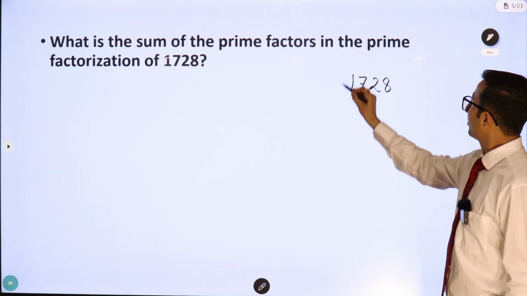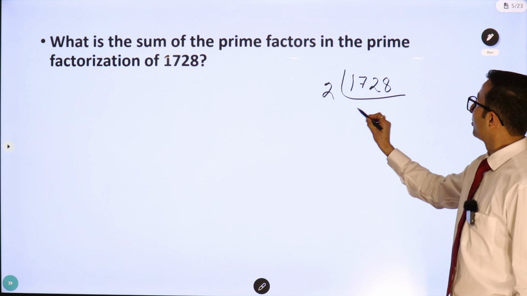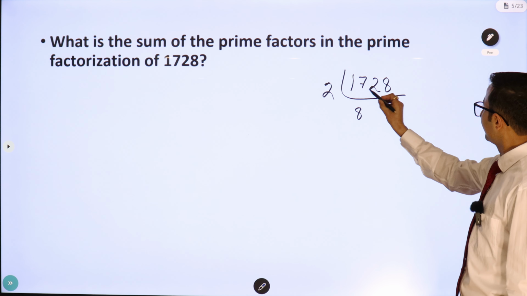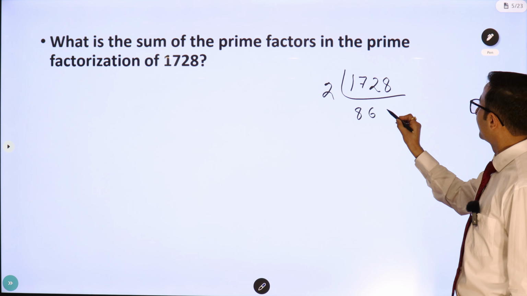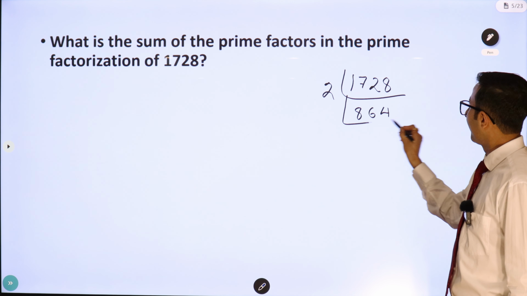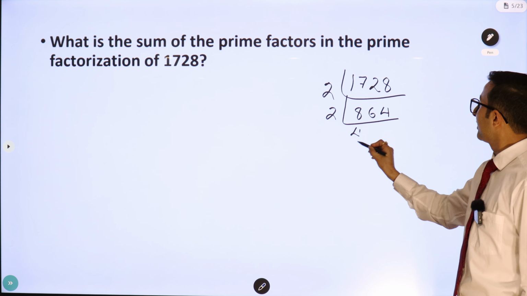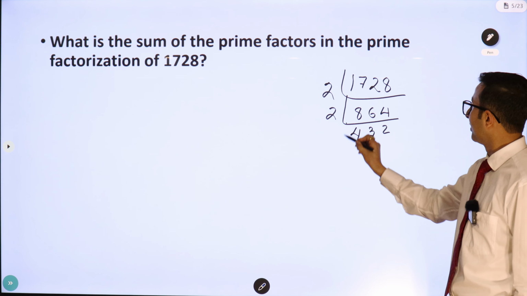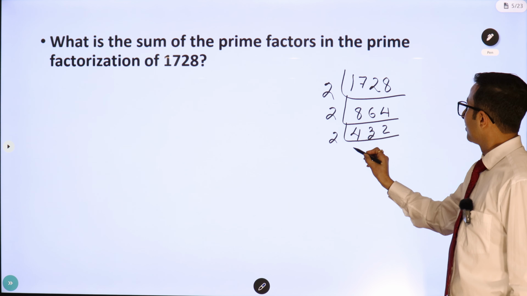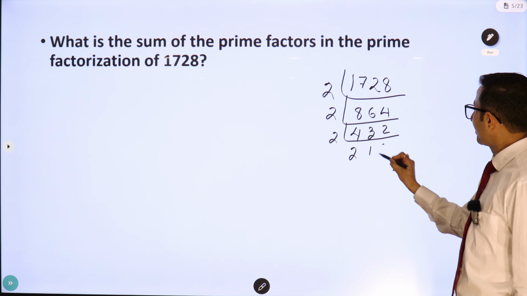1728, so 2 can divide it. 2 eights are 16, 17, 12 like 2 sixes are 12, 2 fours are 8. Now again with 2, 2 fours are 8, 2 threes are 6, 2 twos are 4. Now again with 2, 2 twos are 4, 2 ones are 2, 2 sixes are 12.